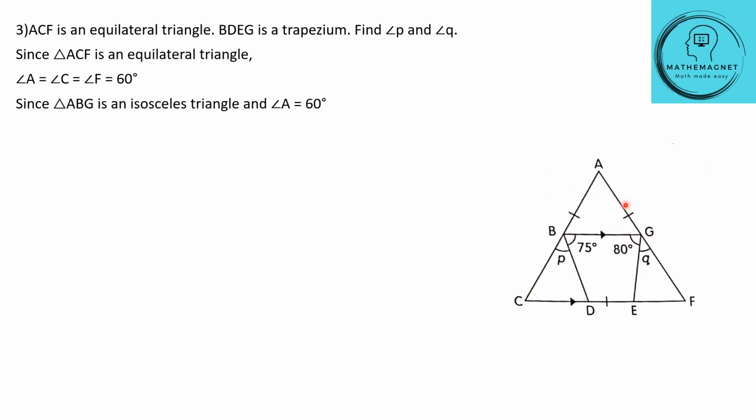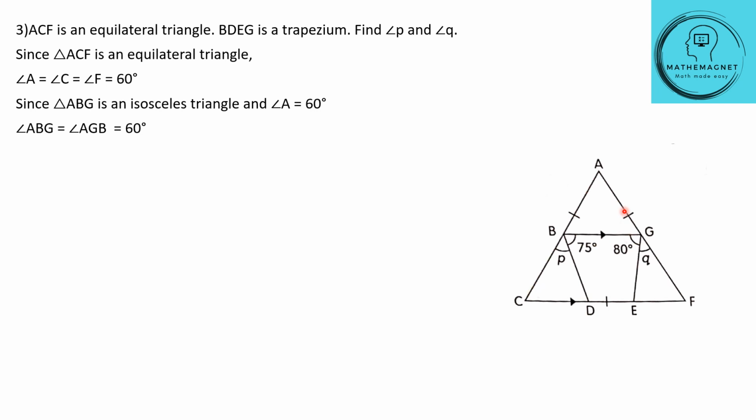So it's an isosceles triangle, which means angle ABG will be equal to angle AGB, which is equal to 60 degrees. Basically in an isosceles triangle, if the third angle is 60 degrees, the equal angles will be 60 degrees. So now we know these two angles are 60 degrees.